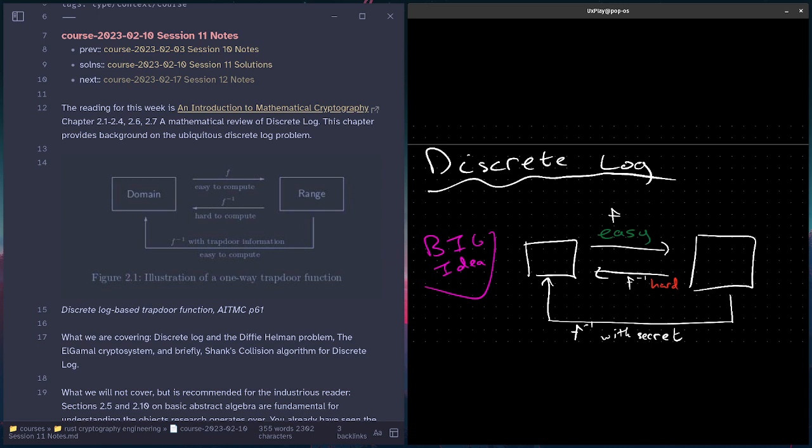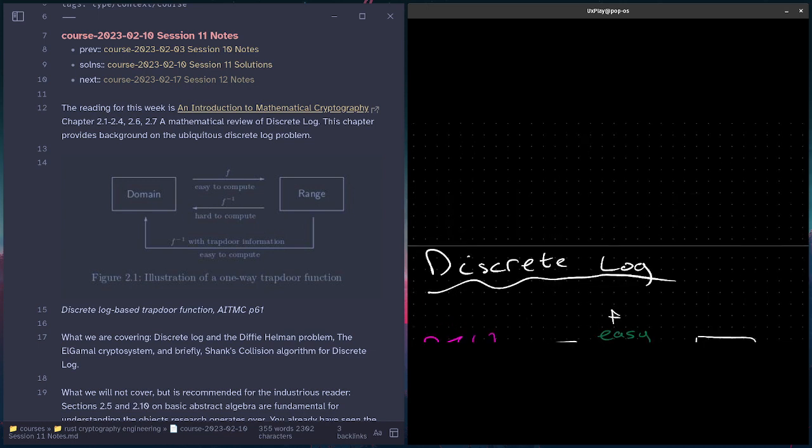If I was to just quickly draw that, the FLT criterion for prime candidate n is that for all a, a to the n minus 1 mod n is equal to 1.